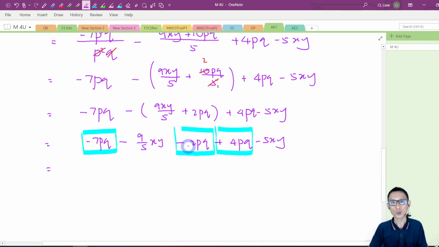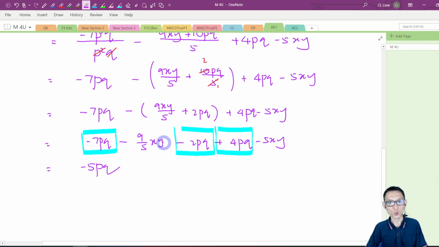So what you need to do next is just press your calculator. If you worry that you will make mistake, negative 7 minus 2 plus 4. Okay, so you will get negative 5. Is that correct? Yes, negative 5.